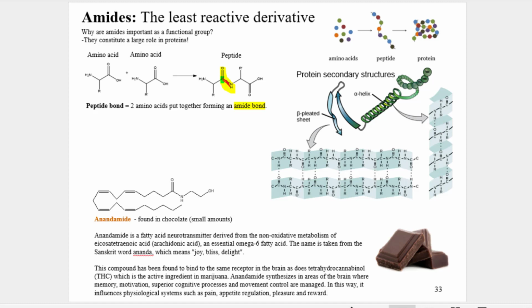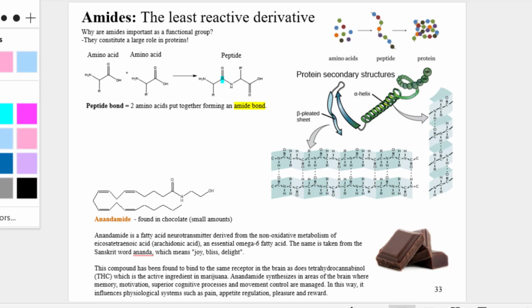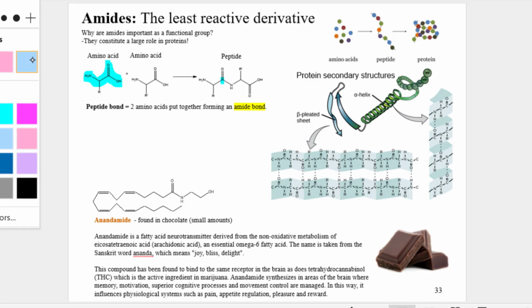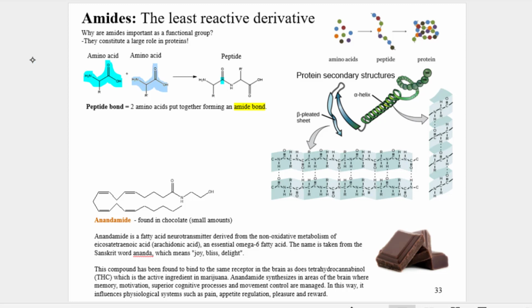So you'll notice that we start with a carboxylic acid, the amino acid, and the amine of another amino acid. I'll use a different color sequence here. So if I color two amino acids, here's an amino carboxylic acid, an amino acid, and let's say I have a different amino carboxylic acid.